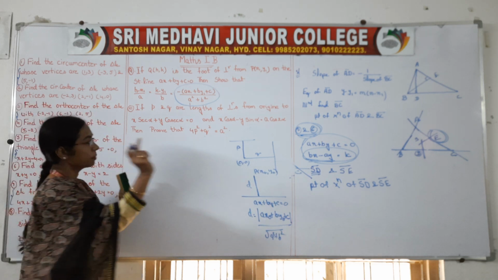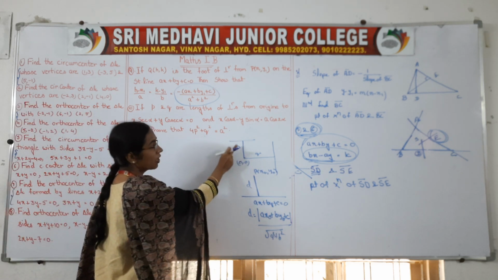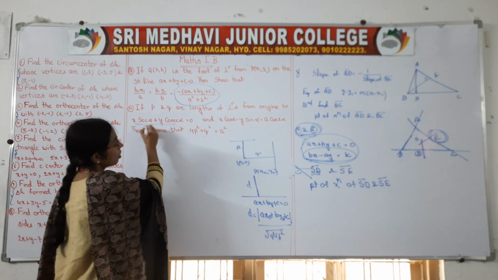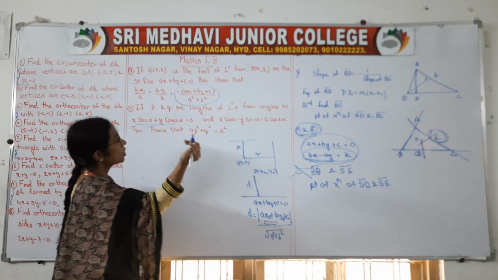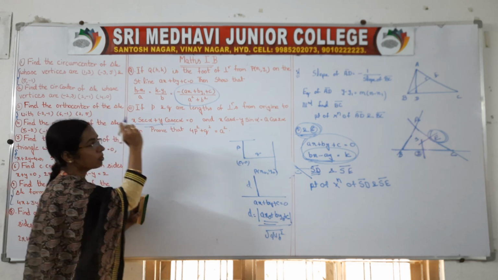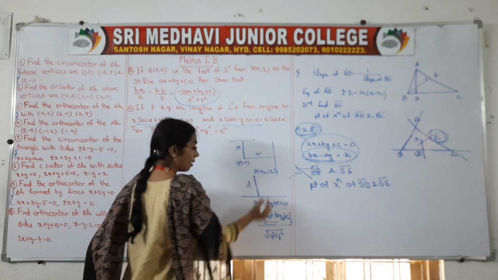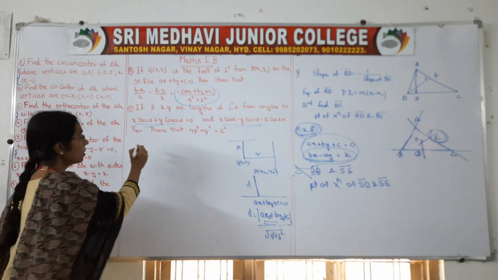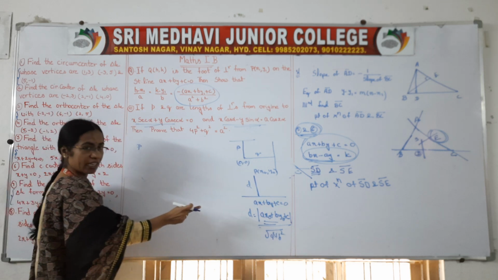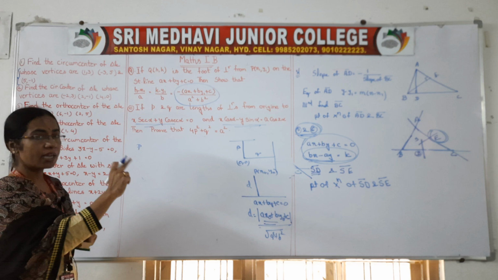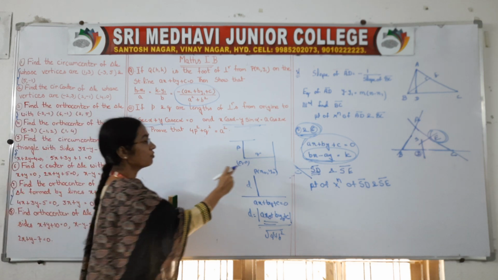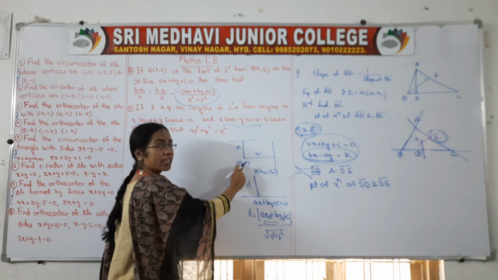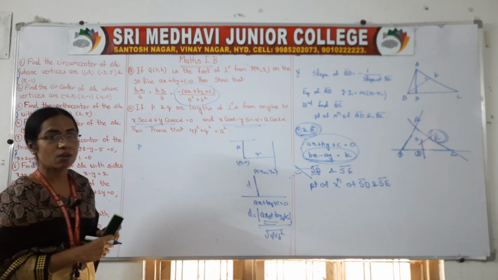Here it is given that p is the perpendicular distance from the origin to this line, so apply this formula and you will get your p value. Similarly, q is the perpendicular distance from the origin to the second line. Apply this formula and you will get q. Once we take p and once q, and instead of x0, y0 we take 0, 0 in that formula.